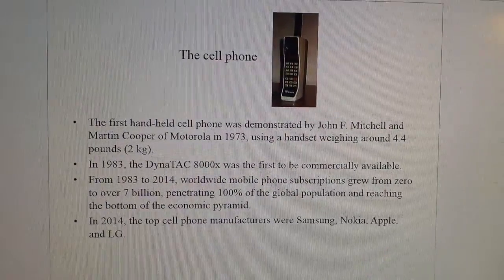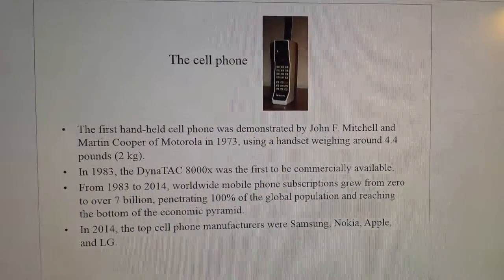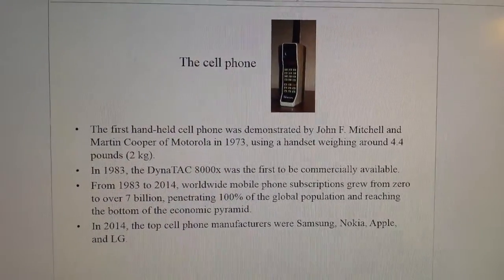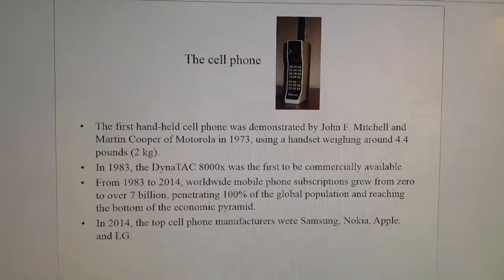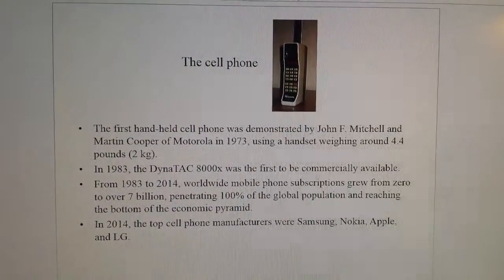The cell phone. The first handheld cell phone was demonstrated by John F. Mitchell and Martin Cooper of Motorola in 1973, using a handset weighing around 4.4 pounds.